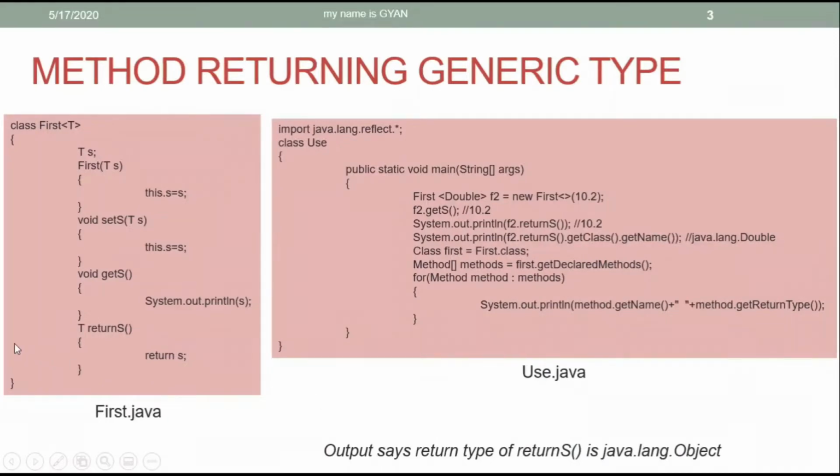For the JVM, T is java.lang.Object. s is a variable of type java.lang.Object which stores a reference of an object of type Double. That's why here the program prints java.lang.Double, but here the program will print returnS followed by a space followed by java.lang.Object. Let's try this code practically.